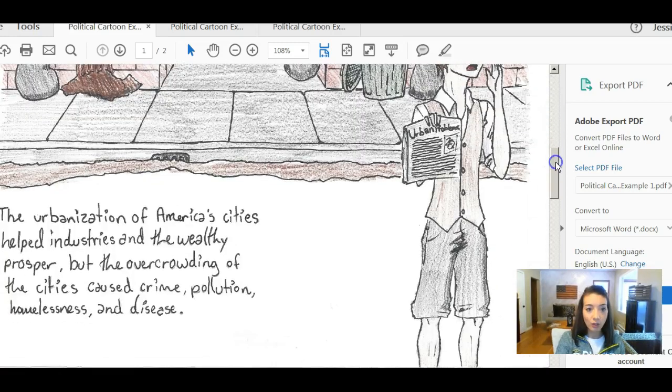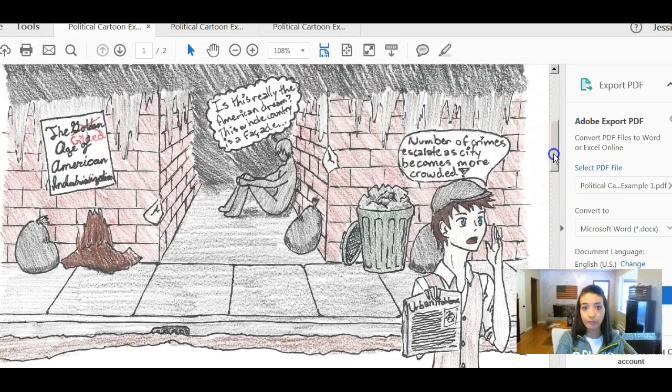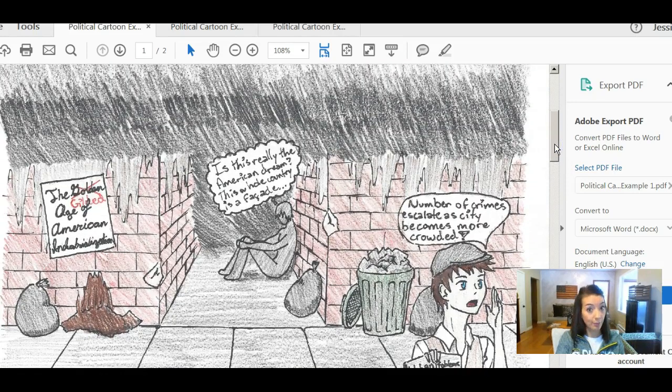So here I want to show you that this is her caption. The urbanization of American cities helped industries and the wealthy prosper, but the overcrowding of the cities caused crime, pollution, homelessness, and disease. Okay, so it is one sentence. It's chock full of information, but it is just one sentence, okay. So that's her caption.